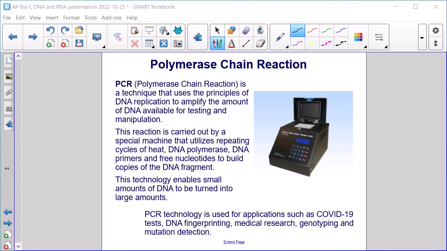This technology enables small amounts of DNA to be turned into large amounts. PCR technology is used for applications such as COVID-19 tests, DNA fingerprinting, medical research, genotyping, and mutation detection.